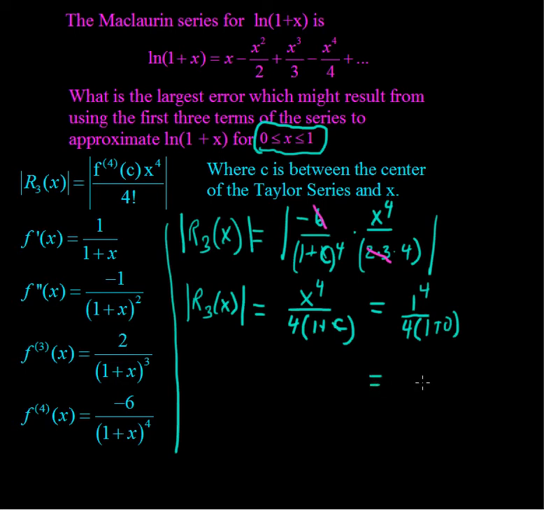And we end up getting 1/4. So the greatest distance, the greatest error, would be 1/4. And so that means our actual remainder is less than or equal to 1/4.